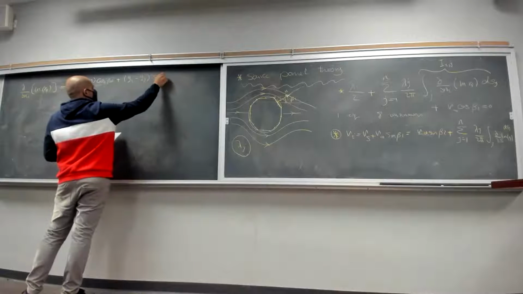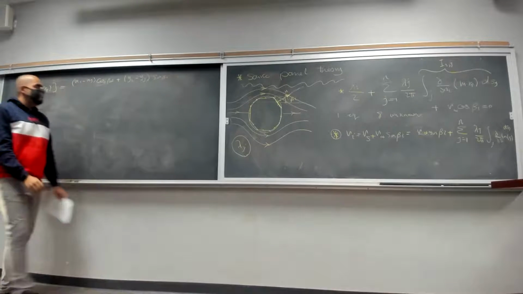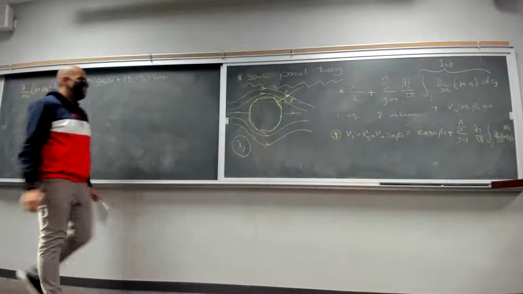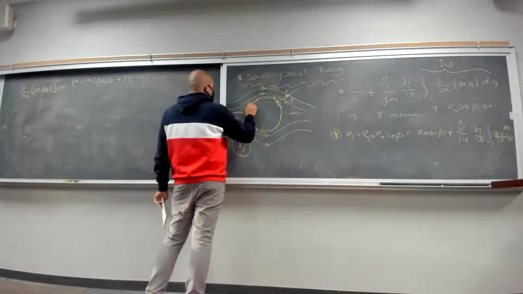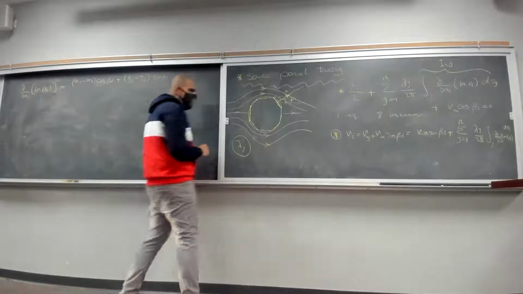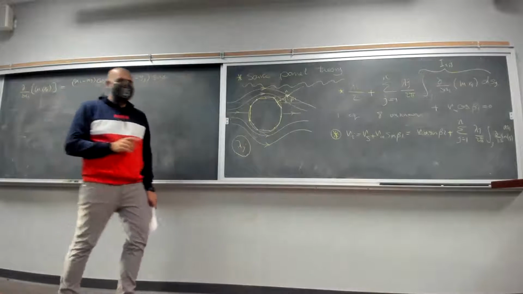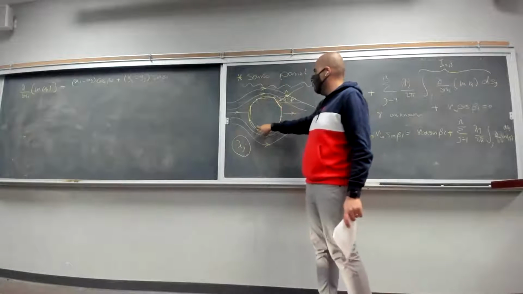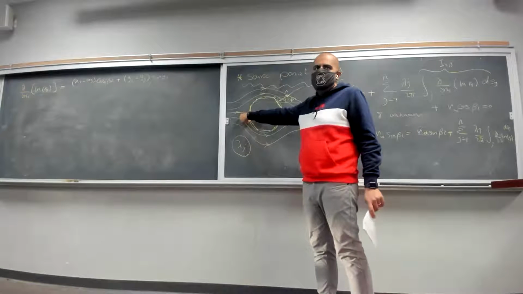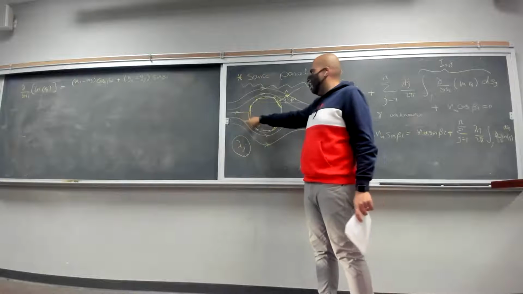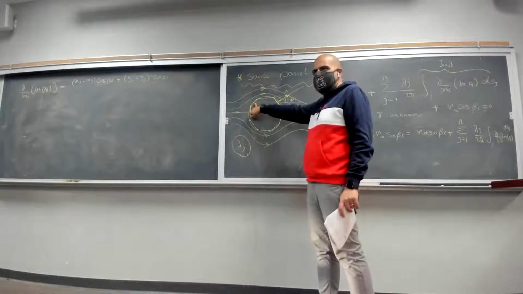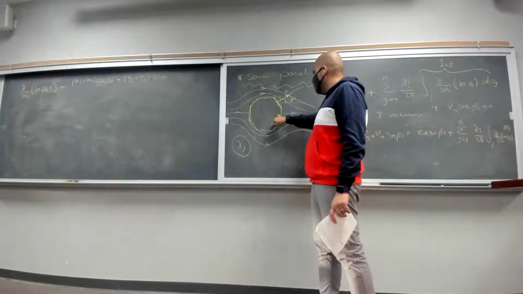sine of beta I. Just to make sure we are on the same page, I think I need to mention: I here represents the panel you are working on, and J represents all the other panels that are going to induce a velocity on this specific panel, okay? So I can be 1. When that's the case, your J is going to be this panel, this panel, this panel, and so on.